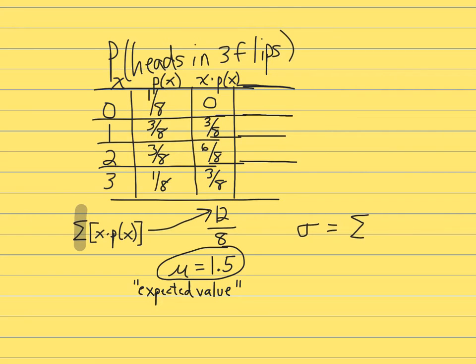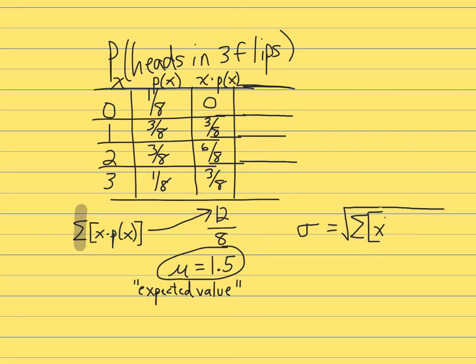We need the sigma again, the sum of. Oh, shoot. We don't need the sigma first. But it's not too late. We need the square root of the sum of, and I include brackets. Let me erase that. The sum, bracket.